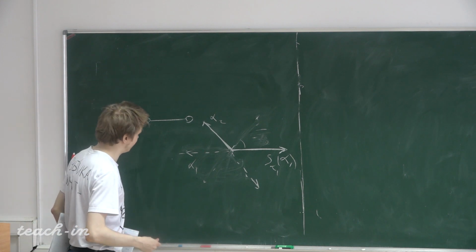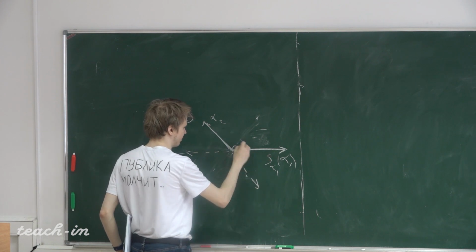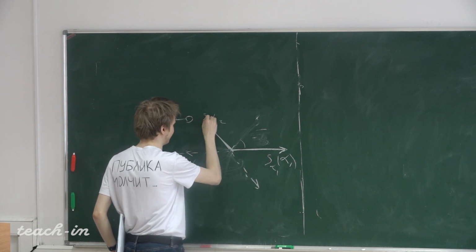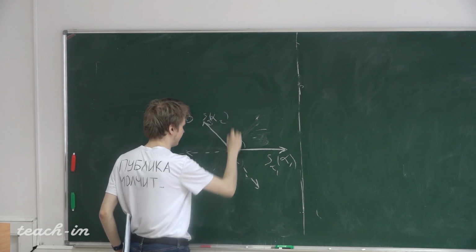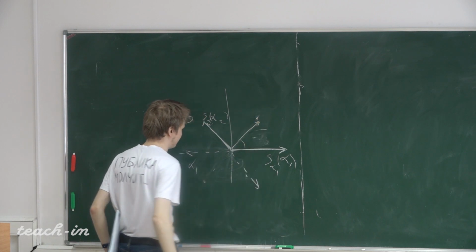So we just reflect. We act by S alpha1 on alpha2, and this is a reflection with respect to this line.